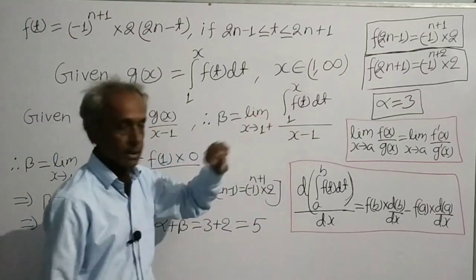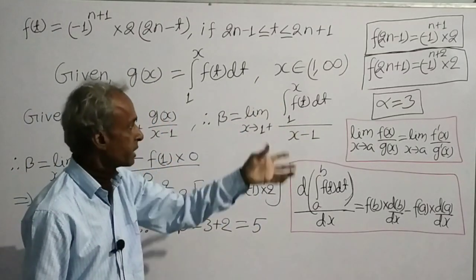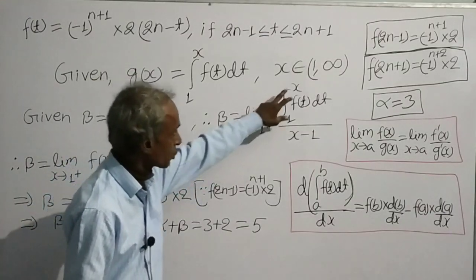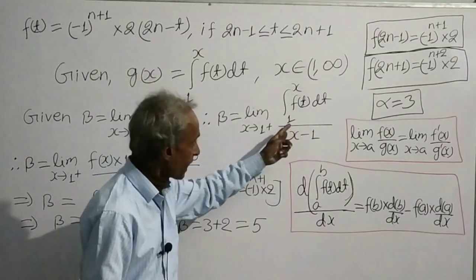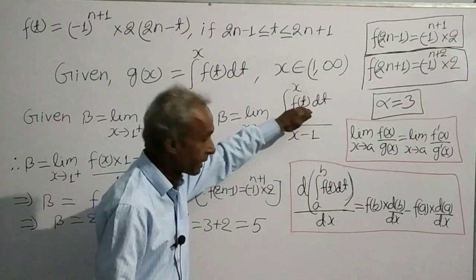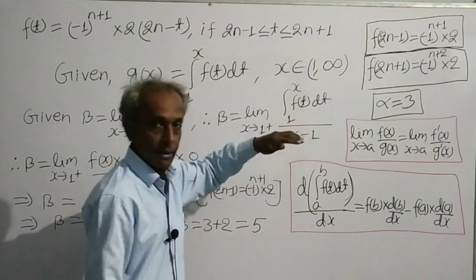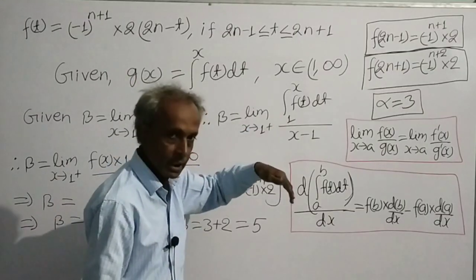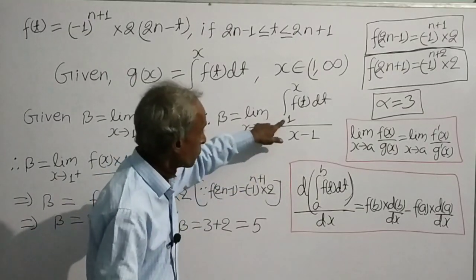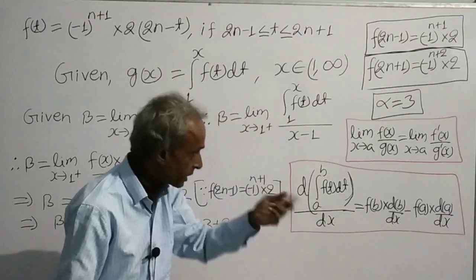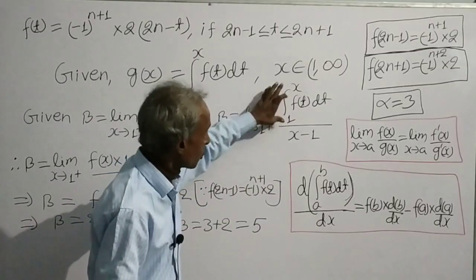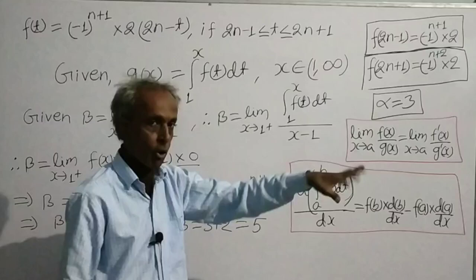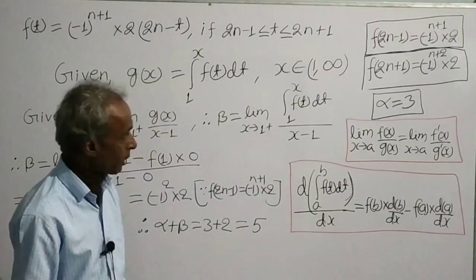This is in 0 by 0 indeterminate form because x tends to 1. The area under the curve f(x) from 1 to 1 will be 0. Therefore, the numerator tends to 0 and the denominator also tends to 0.